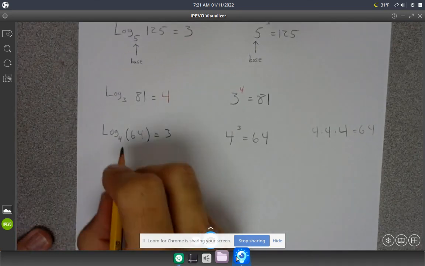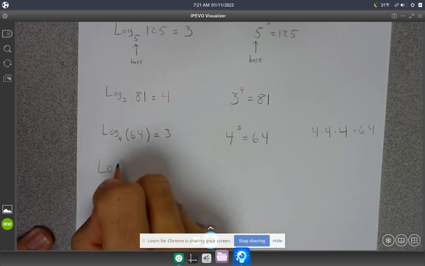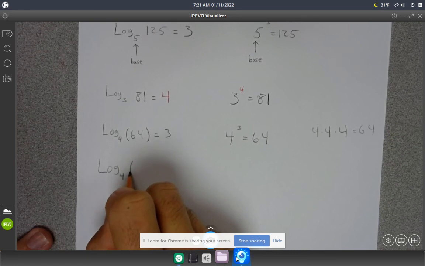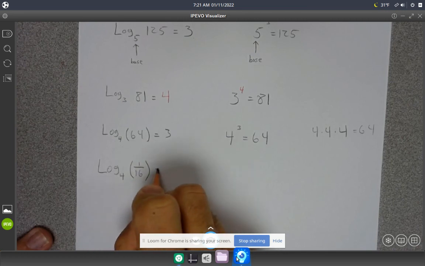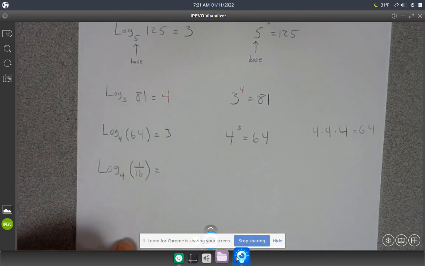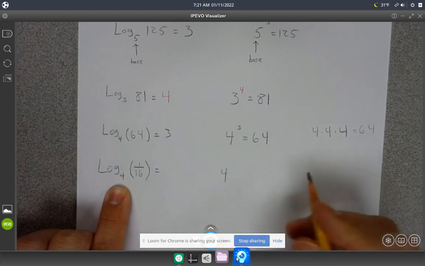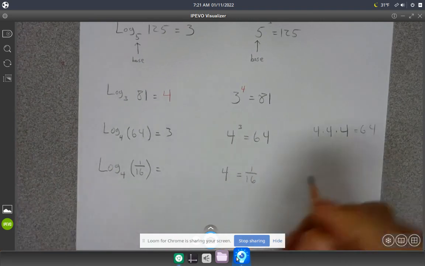I'll do one that's a little harder to see. So these were all nice and whole numbers. This one is going to be log base 4 of 1 over 16. So it's 4 to some power is equal to 1 over 16. So 4 is my base. 4 raised to some exponent needs to equal 1 over 16.